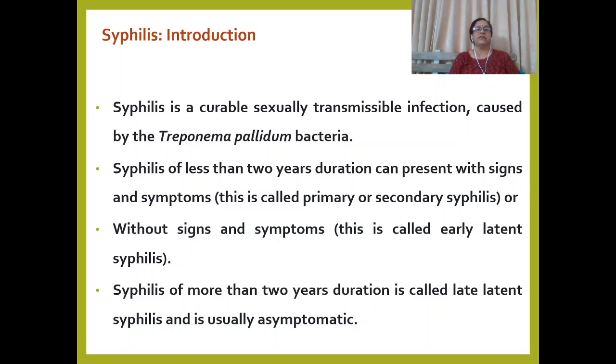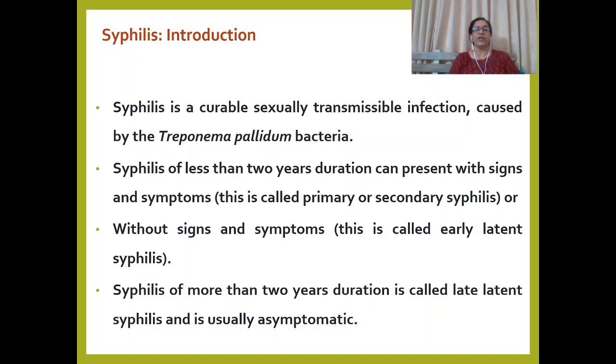And here, syphilis of less than 2 years duration can present with signs and symptoms, which is called primary or secondary syphilis. Or it may be without signs and symptoms. This is called early latent syphilis.